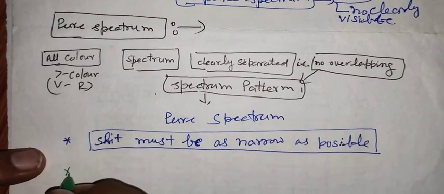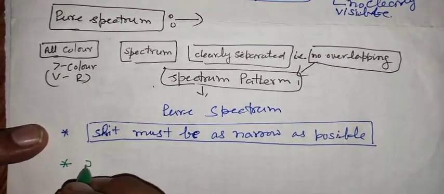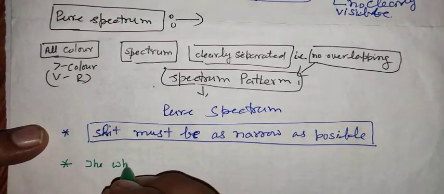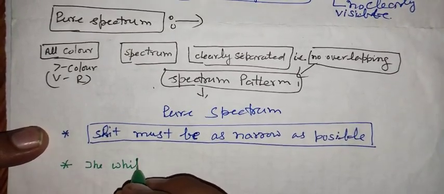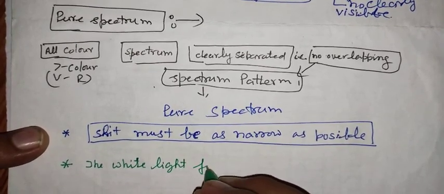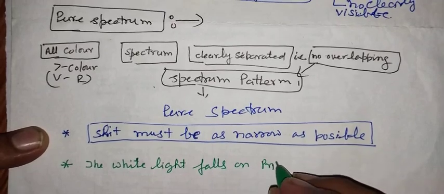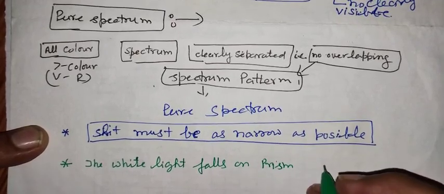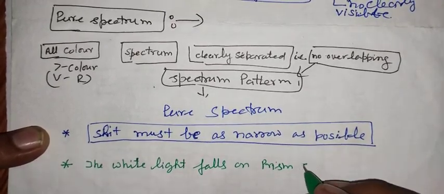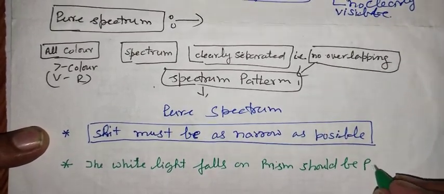The second condition is also very important, that is, the white light that falls on the prism should be parallel.